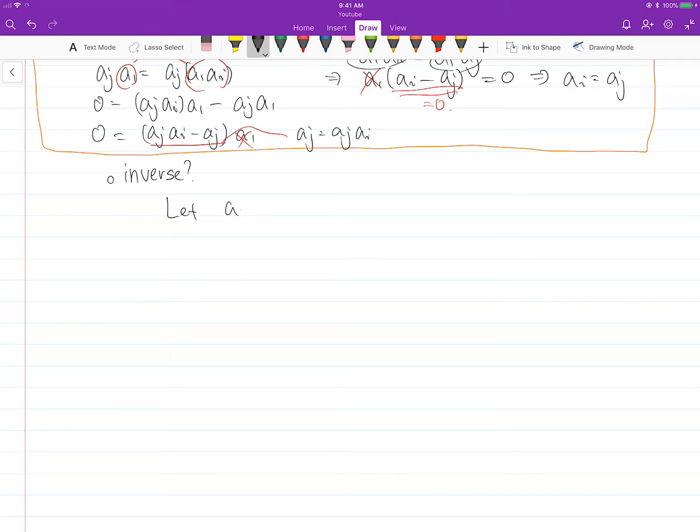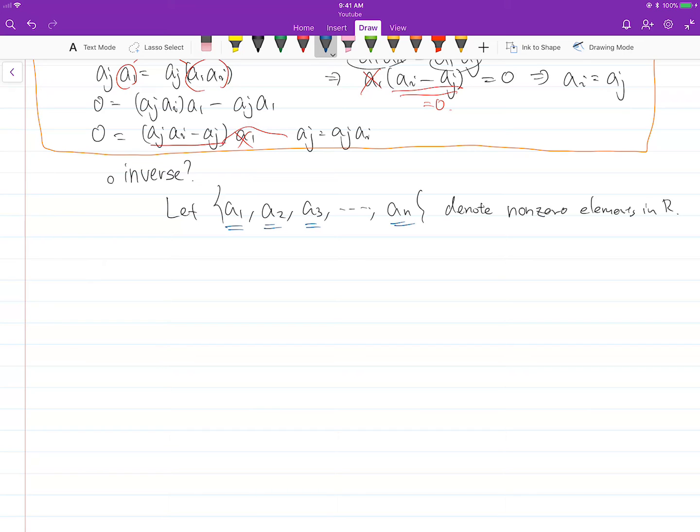So let a_1, a_2, a_3, ..., a_n denote the non-zero elements in R. This is starting to look familiar, right? We want to show that each one of these elements has an inverse.